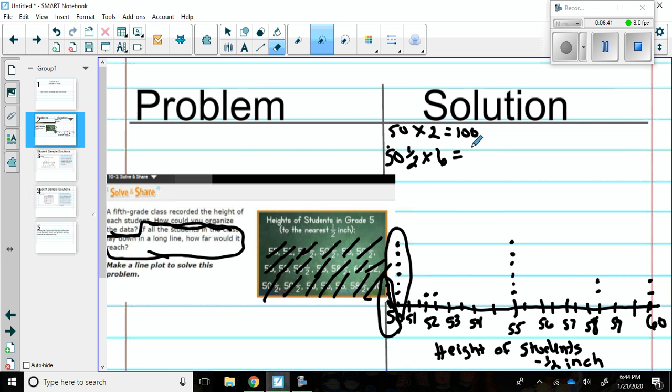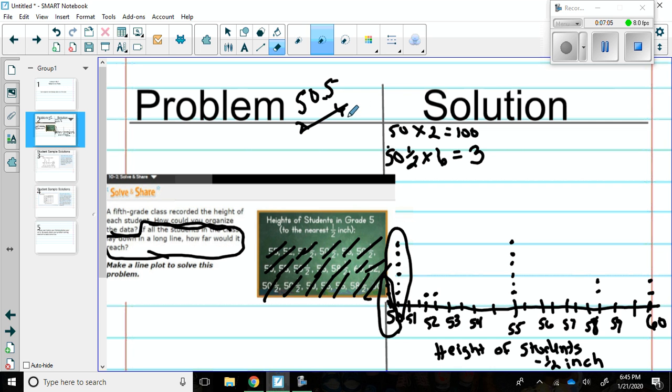And then 6 halves, let me do this. 300. And here, I'm going to have to show you guys how to do this. So okay, let's say it's 50.5 times 6, because remember, 0.5 is half.